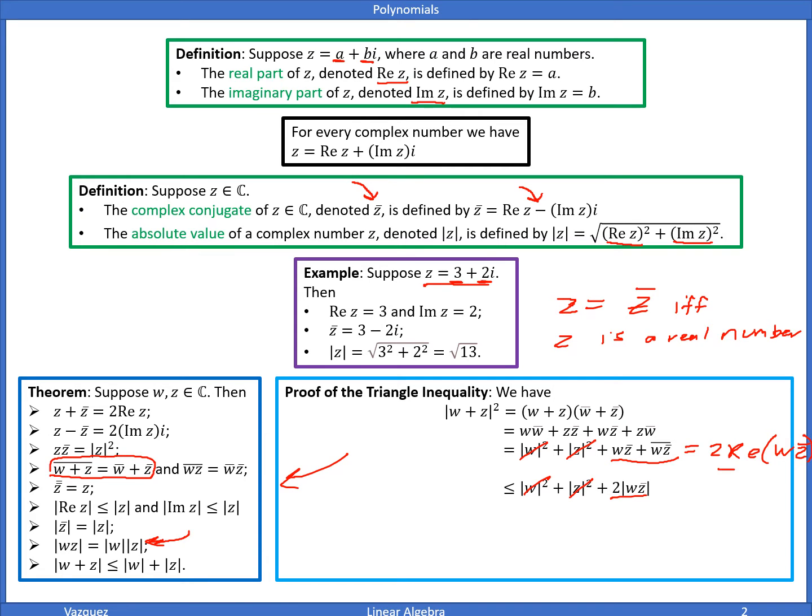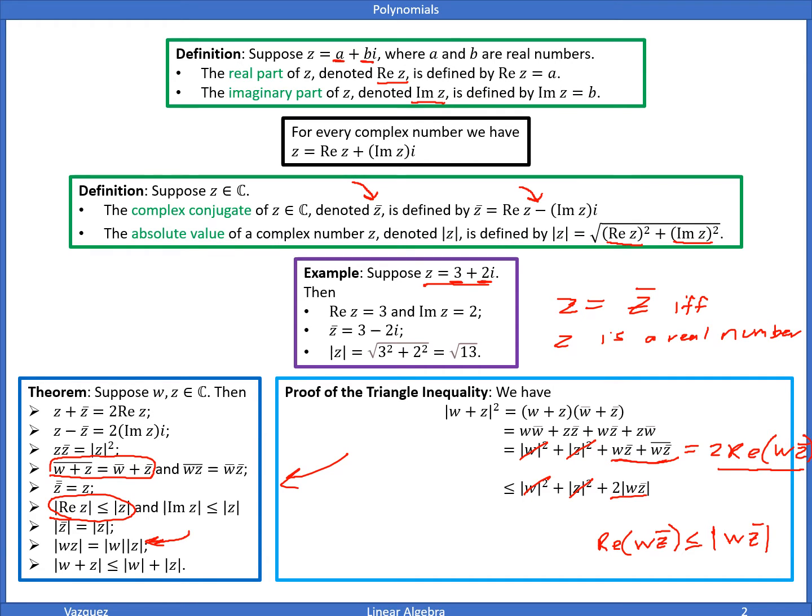And this is what we know to be less than, okay, so real, we know that this is less than or equal to this by this property over here, right? That is how we're getting this.